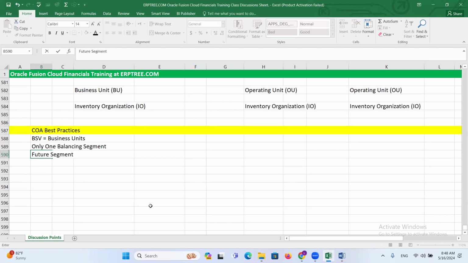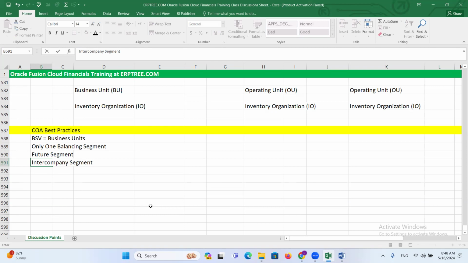No, you have to suggest to the client to maintain future segments to accommodate future reporting requirements. And always you should recommend to maintain the intercompany segment also, if they have intercompany transactions.